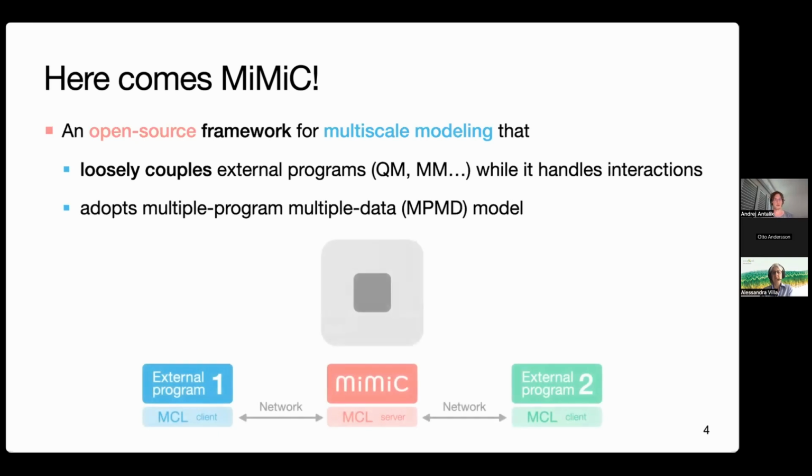So a typical simulation on a multi-layer system, here represented by two layers, goes as follows. You define these individual subsystems in these external programs. You launch the simulation, meaning that these programs run concurrently, and MiMiC, during the individual steps, because we're focusing on molecular dynamics, transfers the relevant data that it requires for a given step, and then computes the interactions between the subsystems.